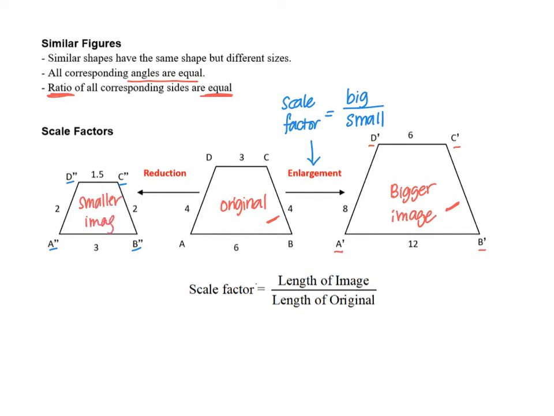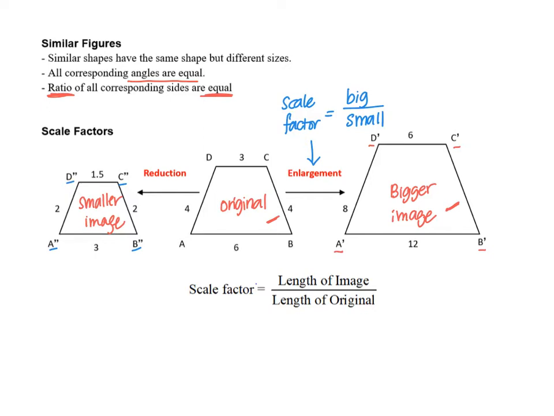Okay, so in the case of a reduction, the scale factor is given by the length of the image, which is the smaller length, divided by the length of the original, which is a slightly bigger length.